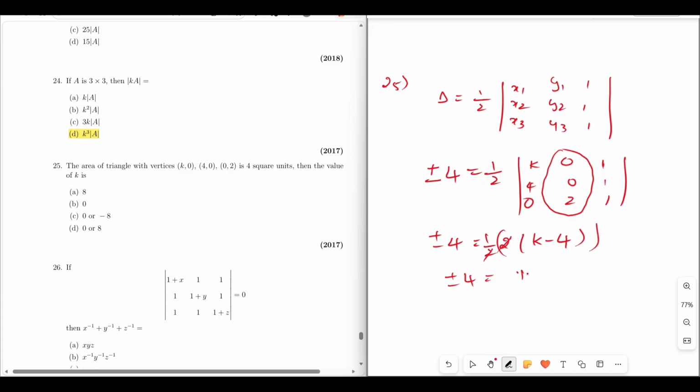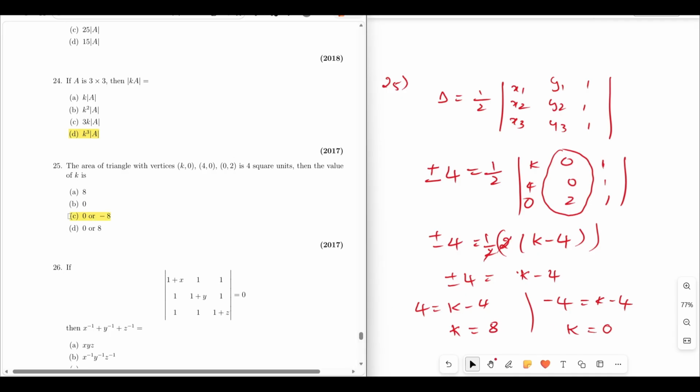The 2 gets cancelled, and you will get k minus 4. Taking positive, you will get 4 is equal to k minus 4, and taking negative, you will get minus 4 is equal to k minus 4. So here you will get k is equal to 8, and here you will get k is equal to 0. So which is the right option? Option C is the correct answer. The value of k is 0 or 8.